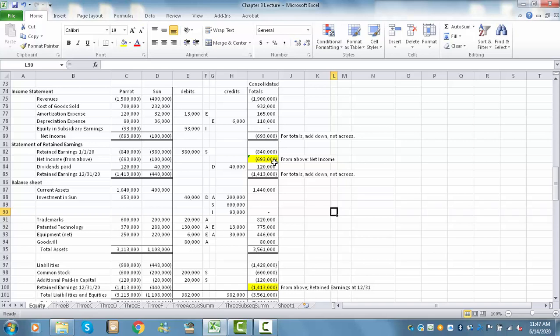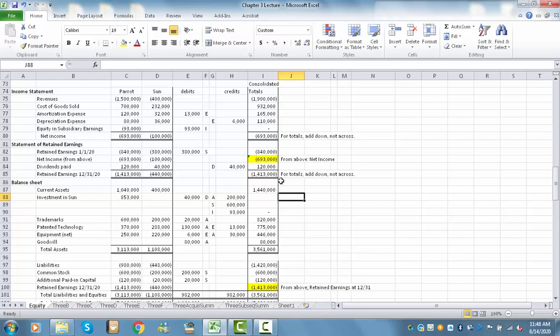Net income goes to retained earnings. The ending retained earnings balance goes to the balance sheet. So be sure that you don't go across with these, but you go down with these. So I had 840, I brought that down. When I eliminated a debit and credit here, when I eliminated the 40, I got 120. And again, I add these guys down, just these guys, and you get 1.413.